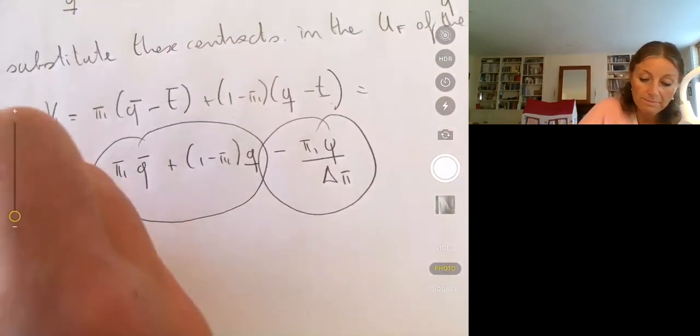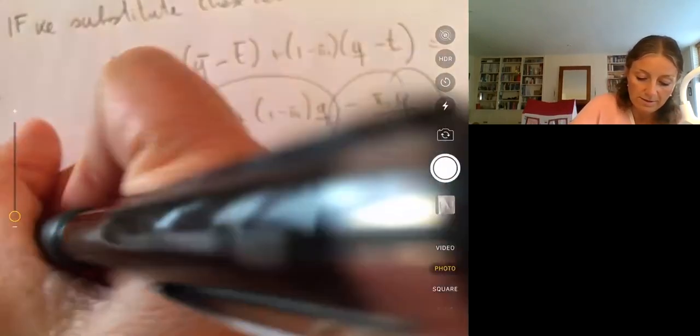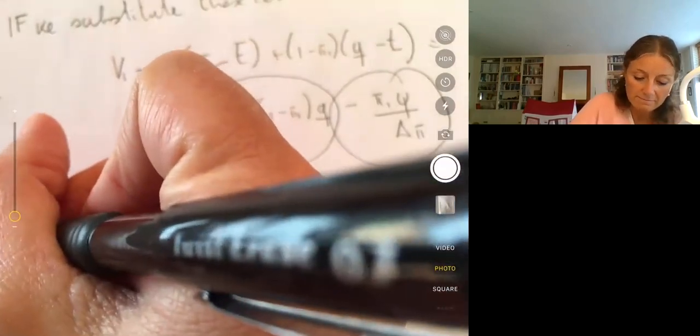What will be the expected utility instead of the tenant?